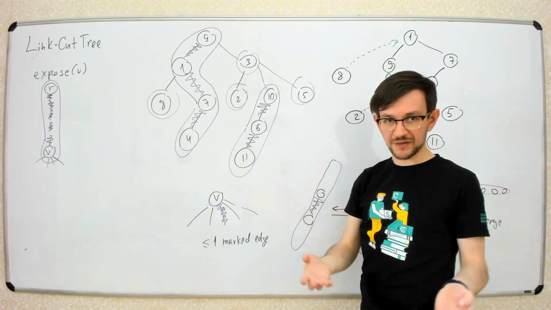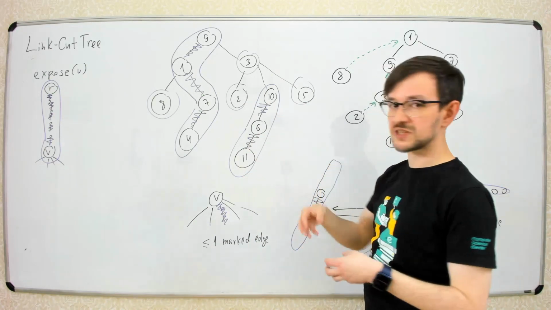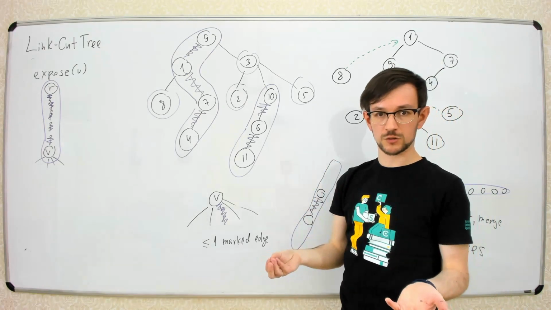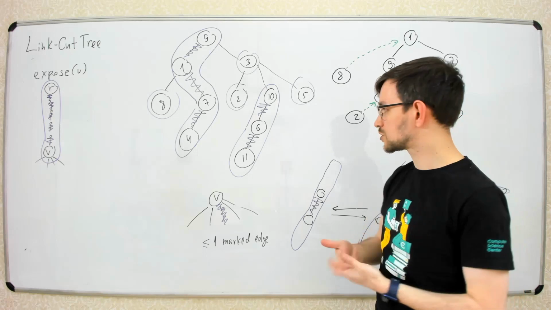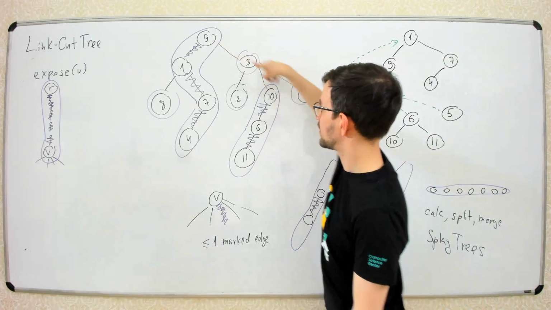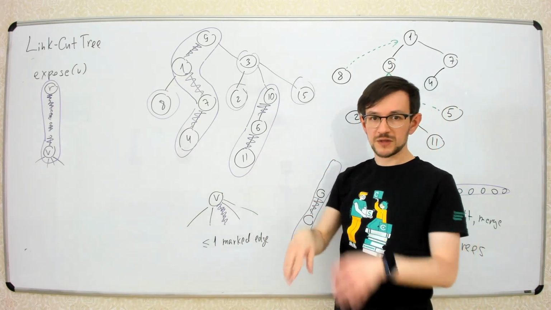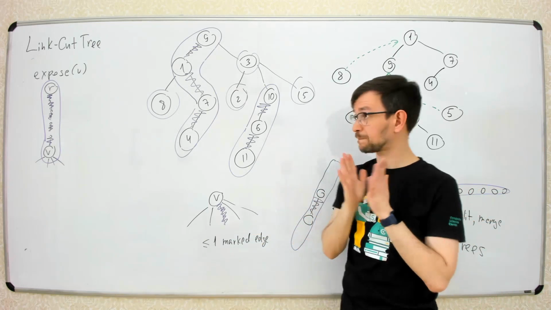This path will be stored in some Splay tree, so in the root of this Splay tree you will have the result of your function. So to calculate the function, you simply call expose on some node, have this path in a single Splay tree, and find the result of your function there. It's that simple.